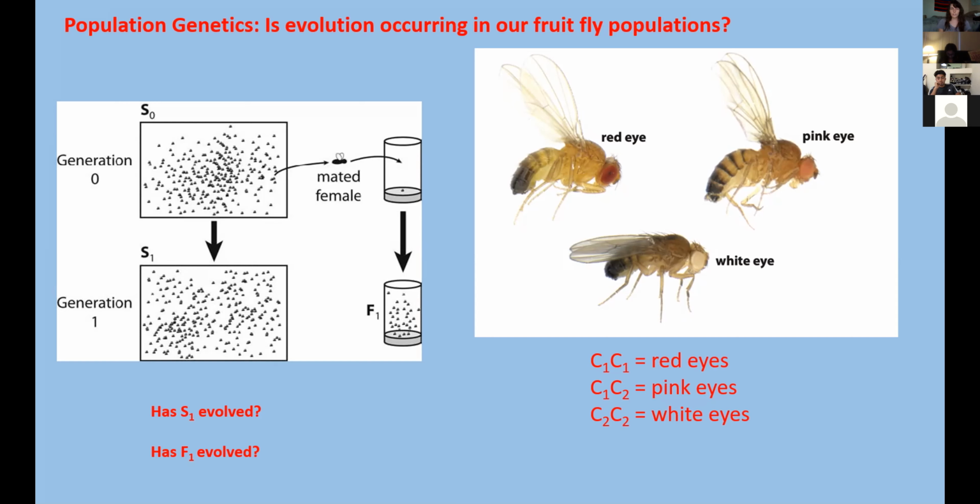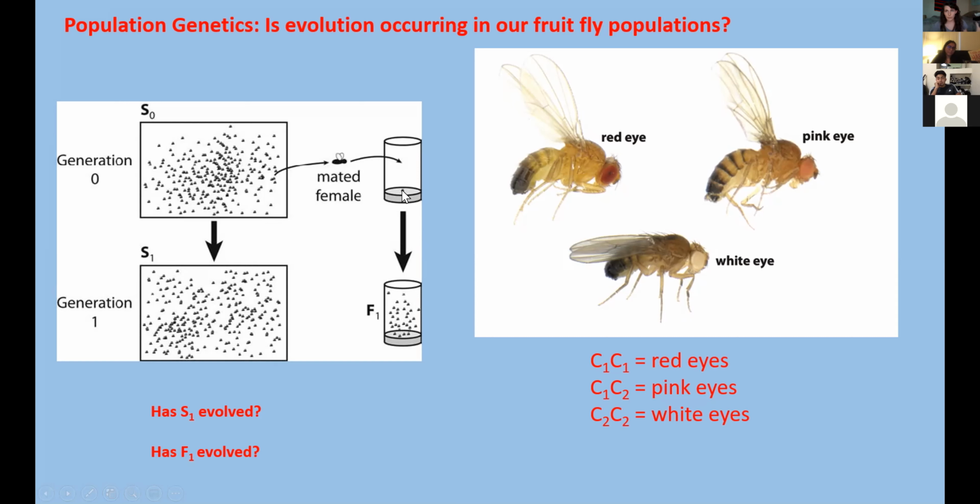So this is an experiment where you have this initial population of fruit flies. There's like a bajillion fruit flies in this container, and this is called the S0 generation. Then you take one mated female, all in her lonesome, pregnant, single mother, out to her own little container over here.